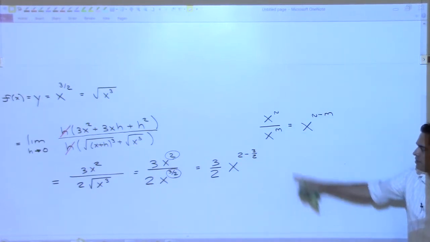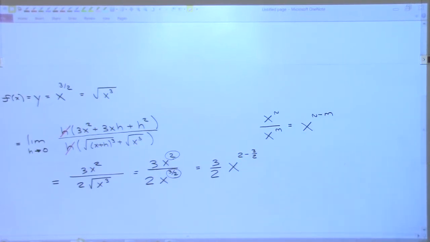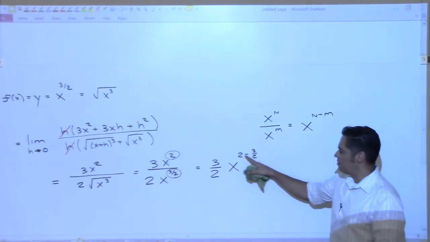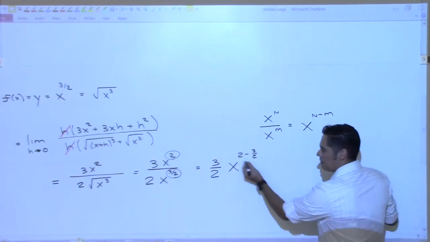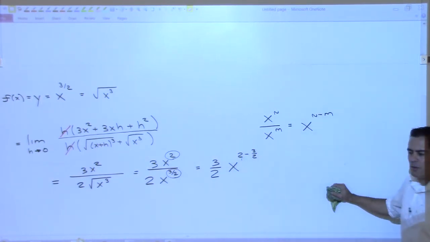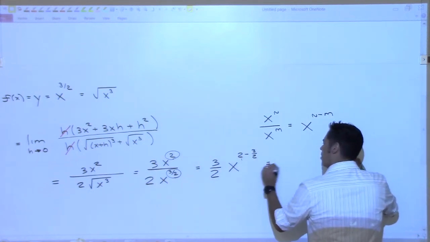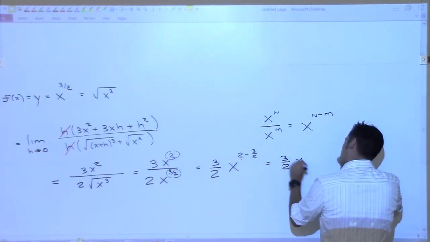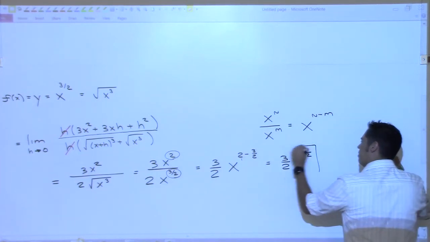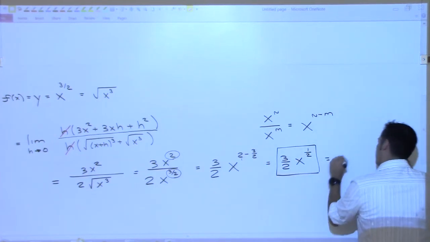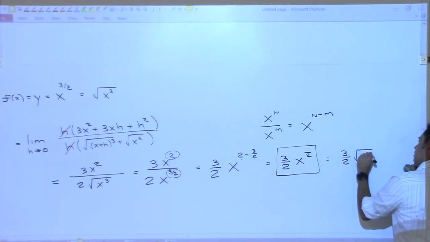So you have to subtract those, so you have to get a common denominator. Right? 2 minus 3 halves would be the same as 4 over 2 minus 3 halves. Right? Get a common denominator. That's like 2 over 1. So what would that be? 3 halves x to the what? 1/2. Bam. Okay, so yeah, if you don't like that, that's what that is, right?